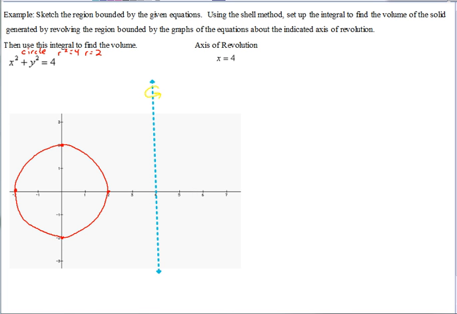So, we draw our representative rectangle in here. It will be x is the width. And draw the representative cylindrical shell.